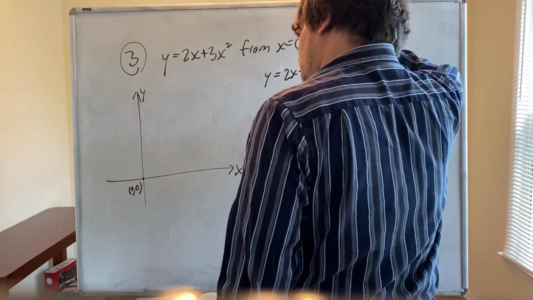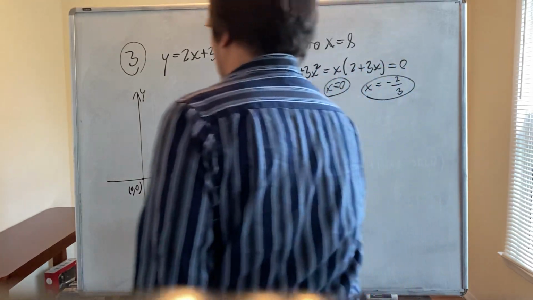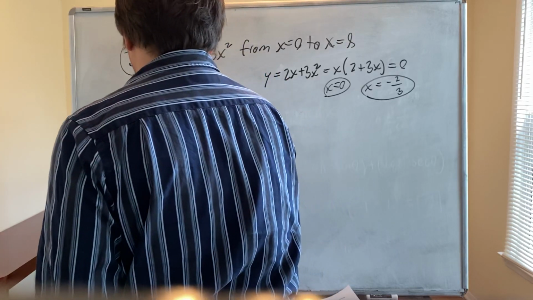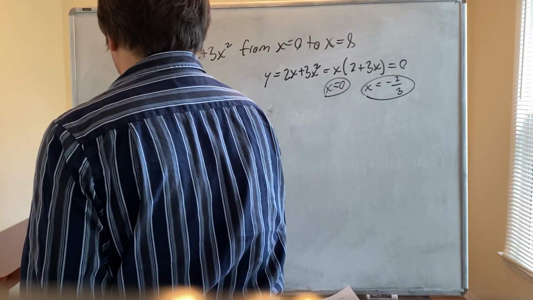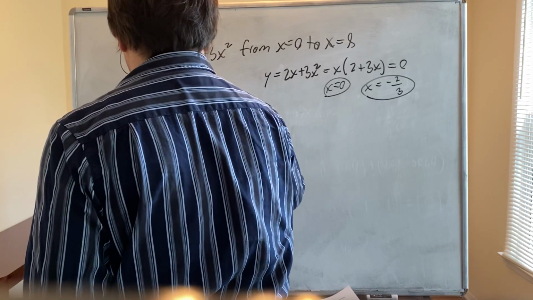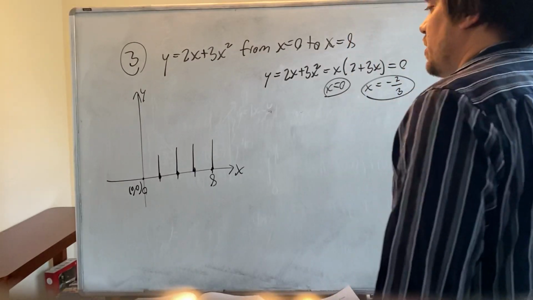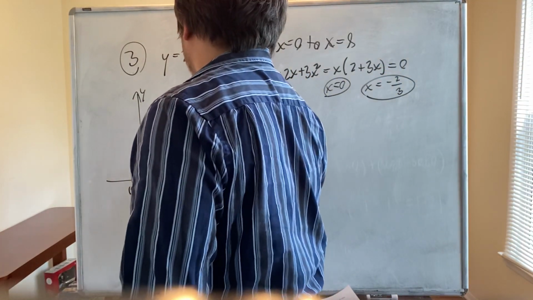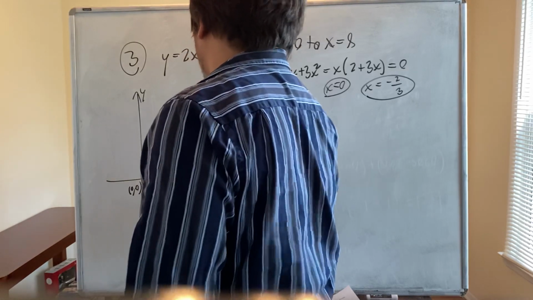However this graph looks, we're just going to integrate it from 0 to 8. And so we're going to estimate it, and we're going to use 4 approximating rectangles, and we're going to use right endpoints. Okay? And so we just need to find the heights of the function at those x values, and then multiply them by the length of each subinterval, right? And then we'd approximate the value of the graph.